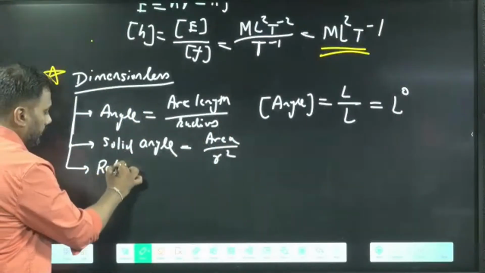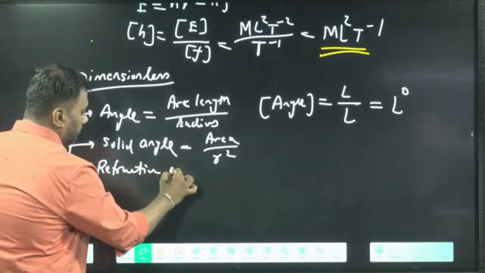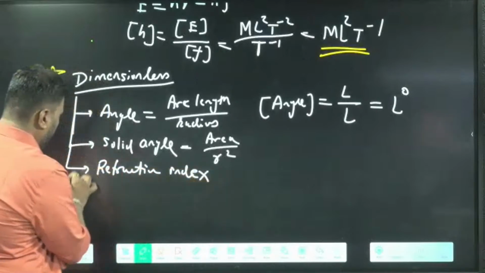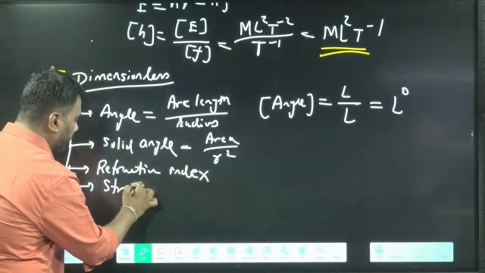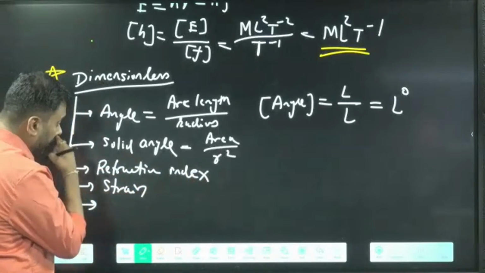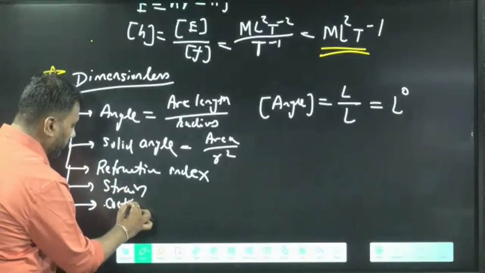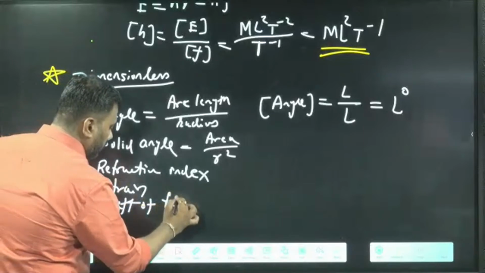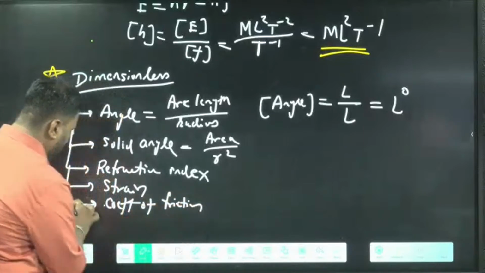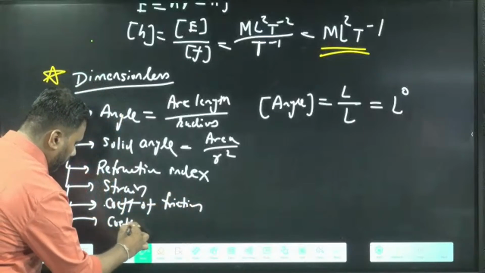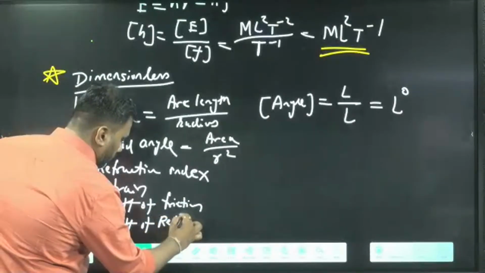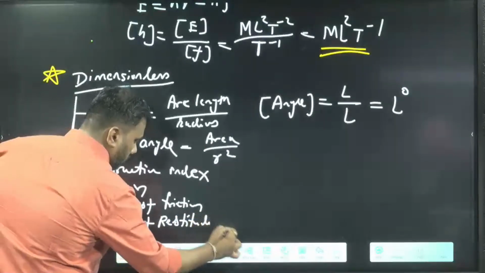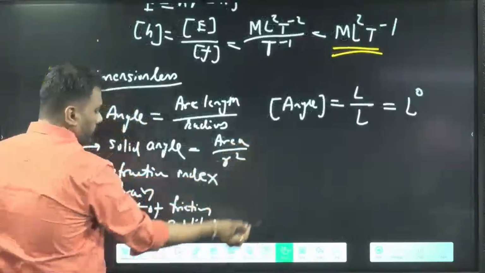Refractive index. Strain. Dimensionless. Coefficient of friction. Coefficient of restitution is dimensionless.